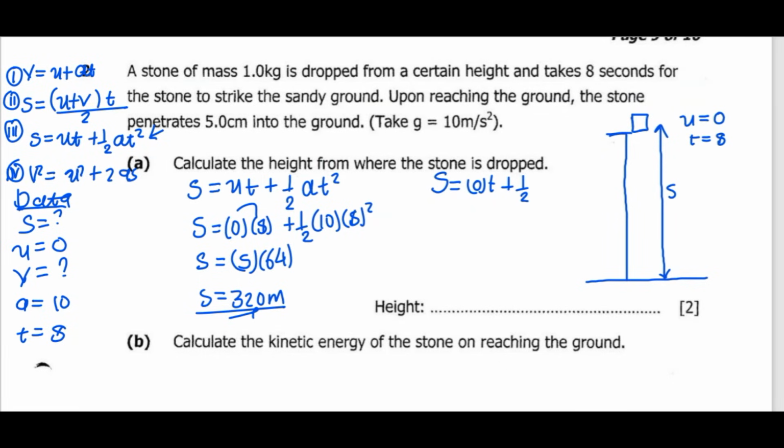Now the acceleration, whenever you are dropping something, the acceleration is g. Then we have t squared. So this will cancel. So the simplified formula is just half g t squared. So this is the formula that you can use.